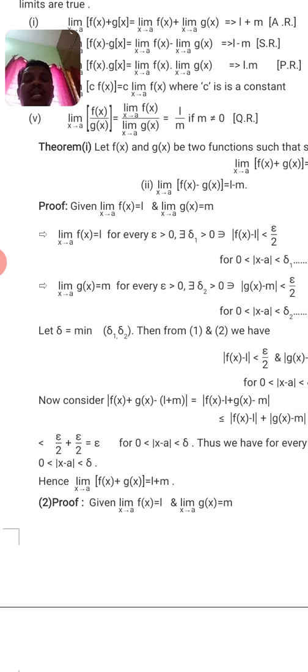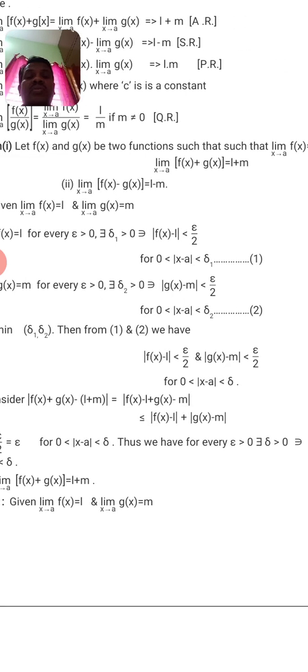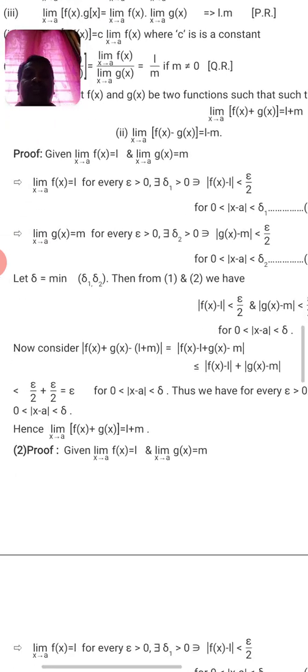Next, the limit as x tends to a of g(x) is equal to M. Here also, by the definition of the limit of a function, for every epsilon greater than 0, there exists a very small real number delta 2 greater than 0 such that modulus g(x) minus M is less than epsilon by 2 for 0 less than modulus x minus a less than delta 2. Write it as equation number 2.